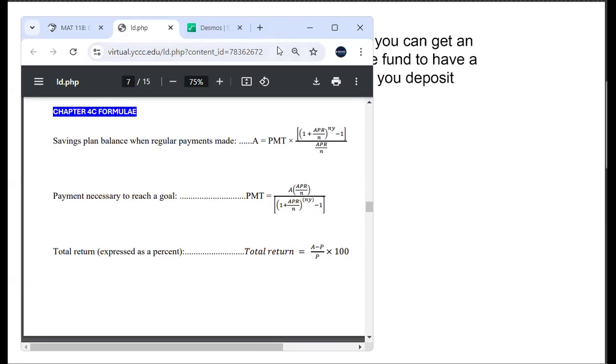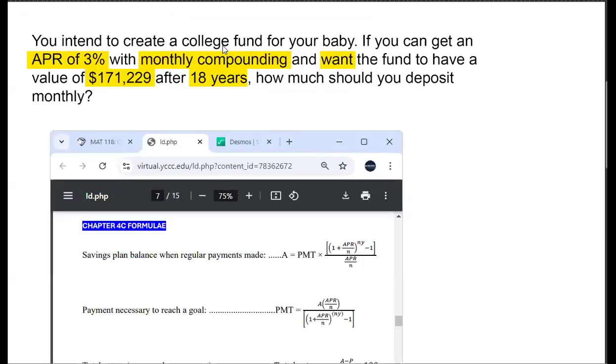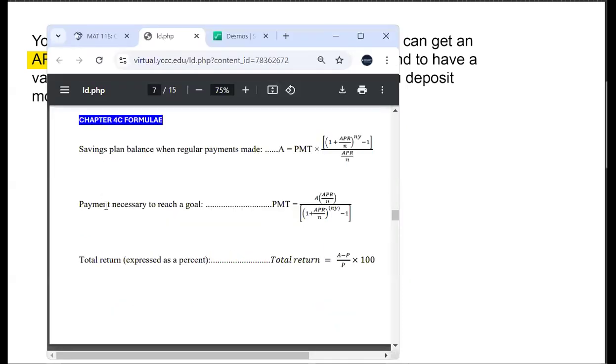But that's not the case for this one. Here, we know what we want to have, the $171,000, but we do not know how much we need to deposit. So I'm thinking it's going to be this formula here, the payments necessary to reach a goal, because we know all the pieces except for the payment. So let's bring that formula into the whiteboard.